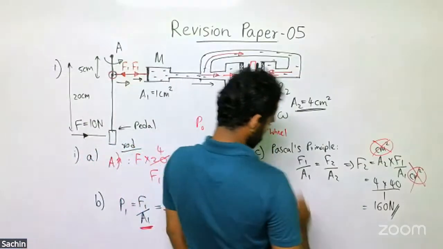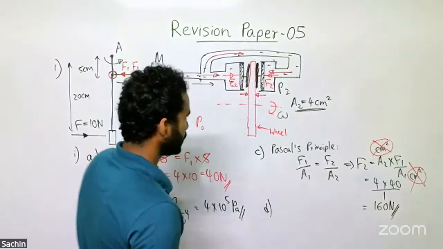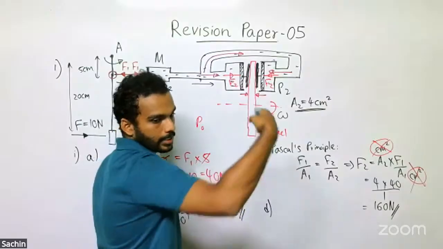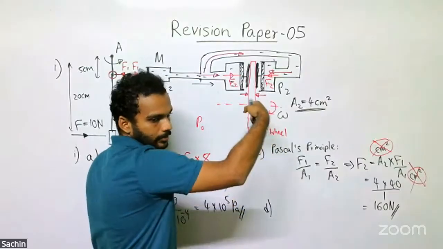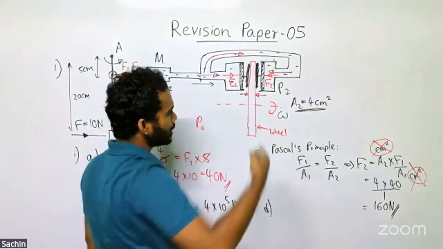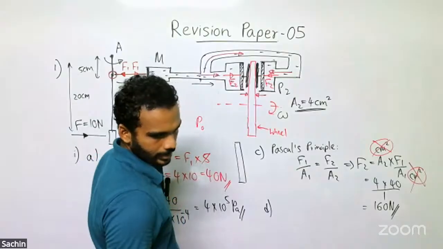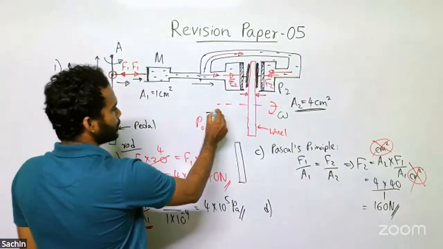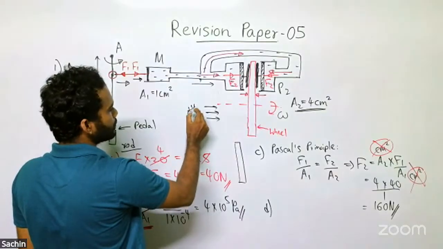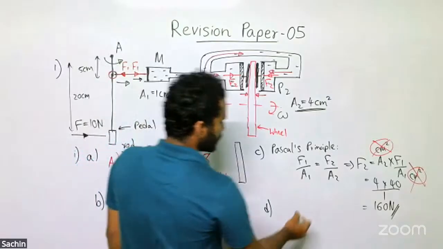Let me draw it in another elevation. Here the diagram is such that we see the wheel from this side, so I only see its thickness. Now I'm going to observe the wheel from this side.